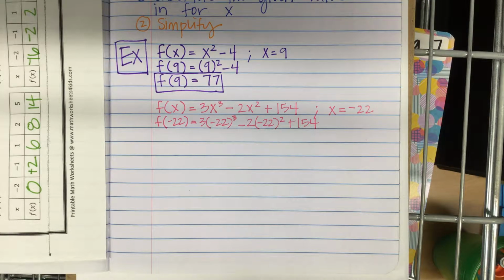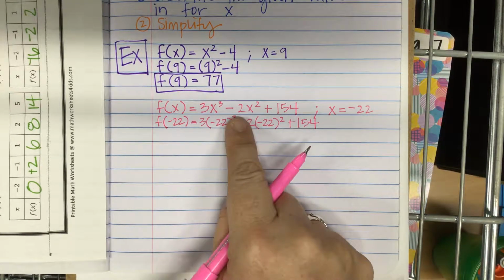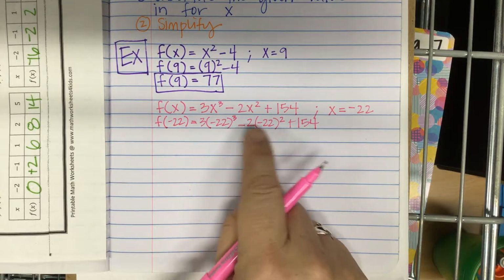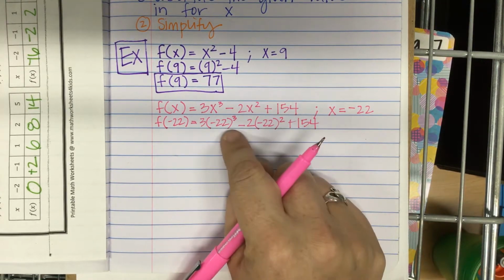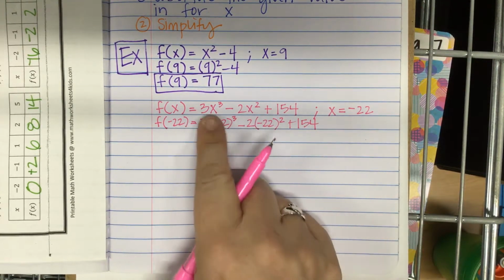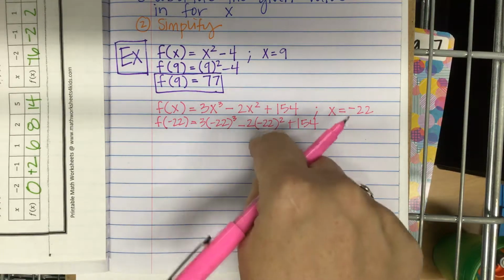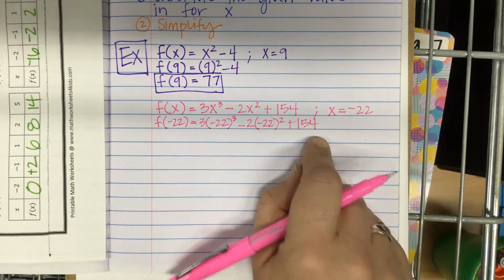Now I'm going to use a calculator, correct? Unless you want to do negative 22 to the third power times 3 and negative 22 squared times negative 2 and then combine them.